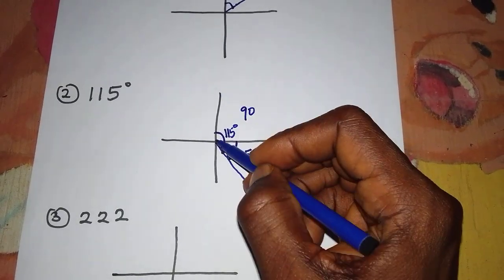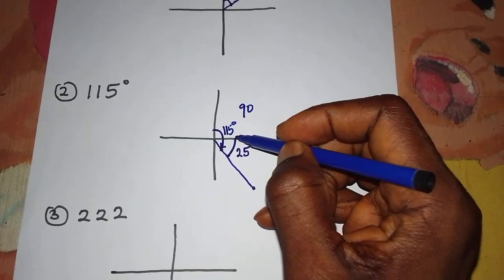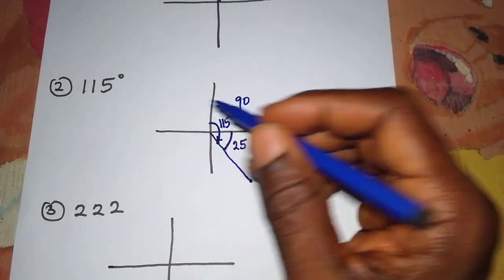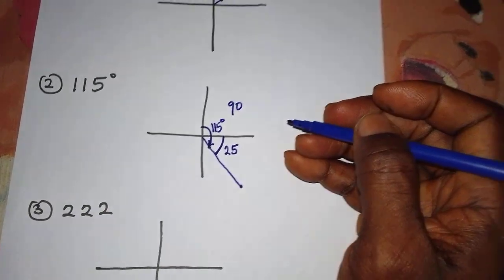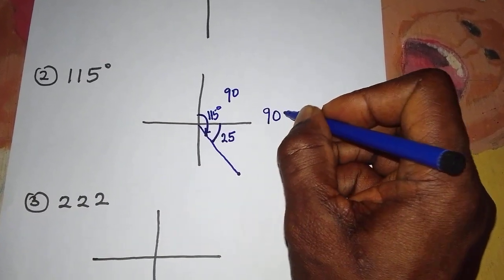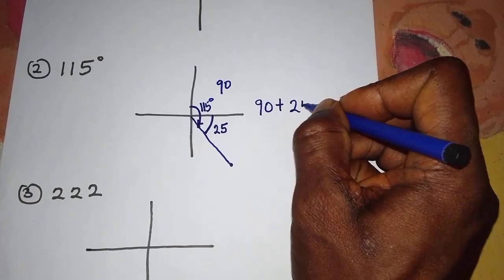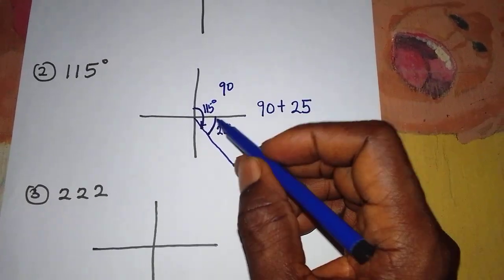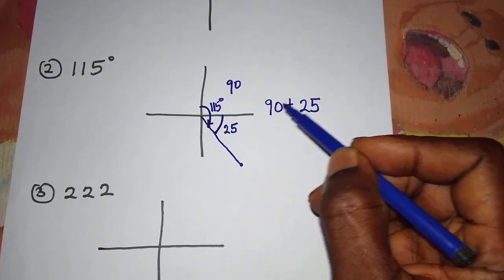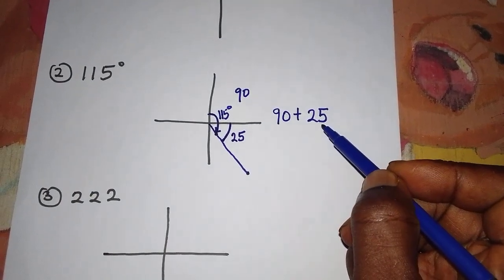So the first quadrant is 90. In the second quadrant, the angle you're having there is 25. So if you bring 115 down into the plane, you'll be having 90 plus 25, which will give you 115.